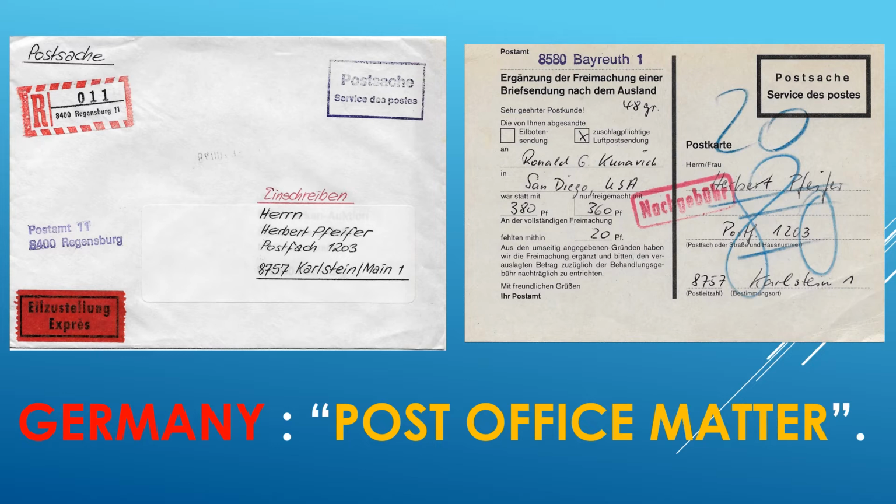This postage due was due to an insufficient postage applied to a previous letter that was mailed, in this case, to the USA. The postal clerk evidently initially made a mistake and wrote the postage due as 80 pfennig, which was not correct. As you can see on the left, he probably looked at the 380 and took the 80.